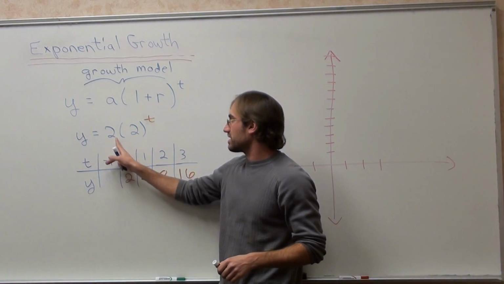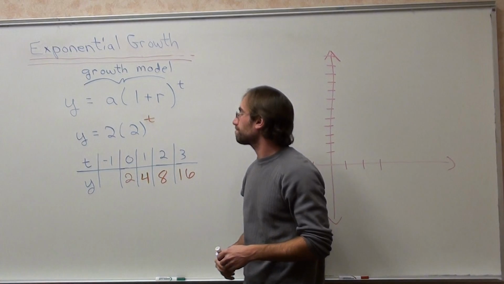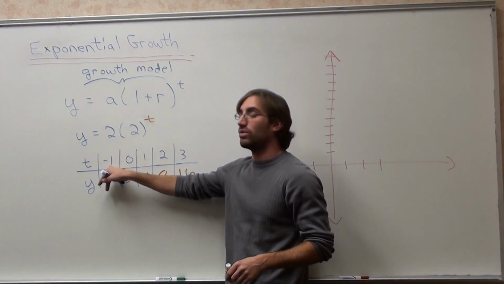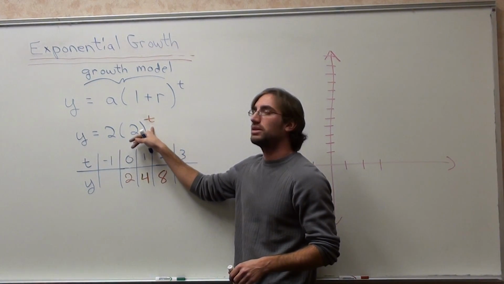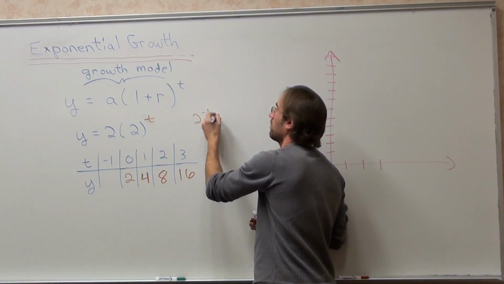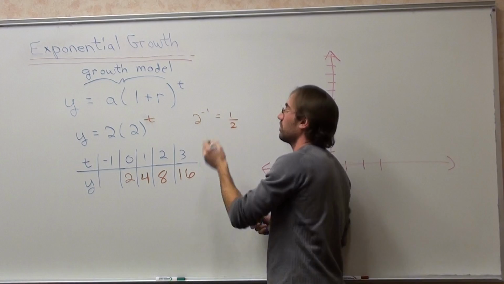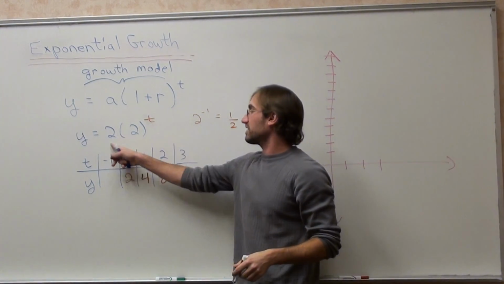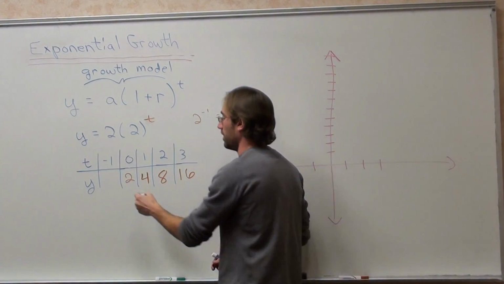So looking at this number right now, I'm sorry, not this 2, this -1. 2 to the -1 is 1 over 2. 1/2 times 2 is 1.